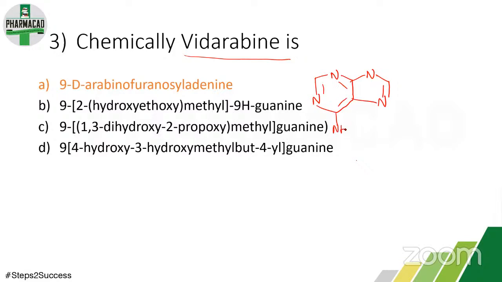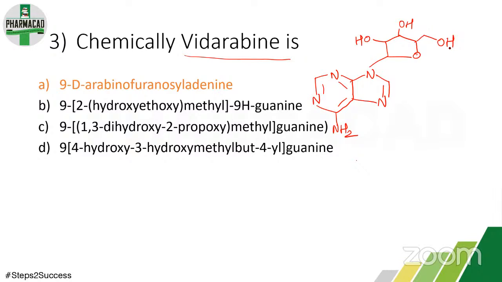Here is NH2. This nitrogen is attached with a 5-membered ring with oxygen. It is having OH, OH and CH2OH. So this is the structure of Vidarabine.